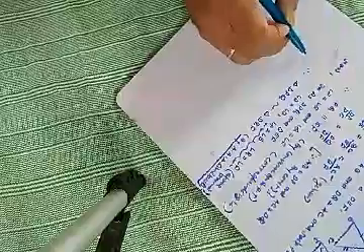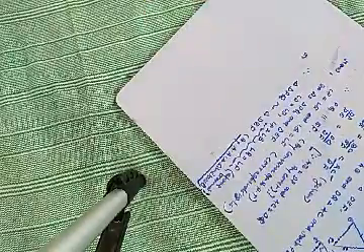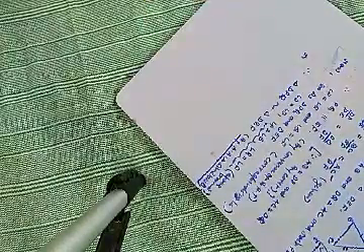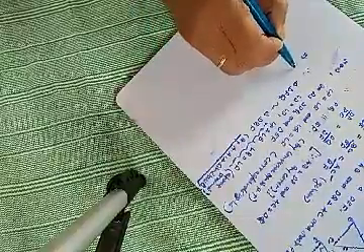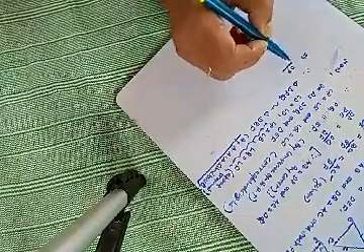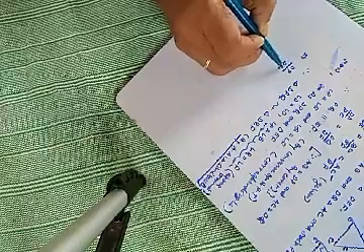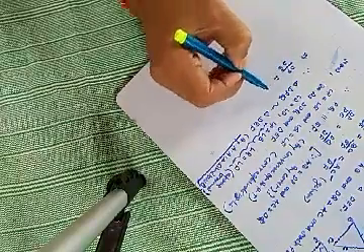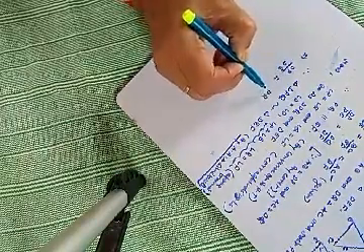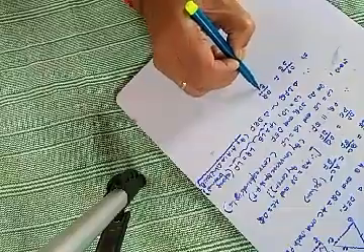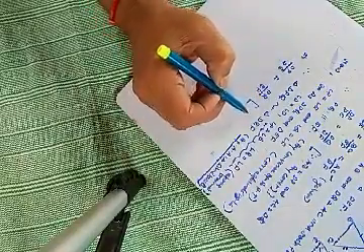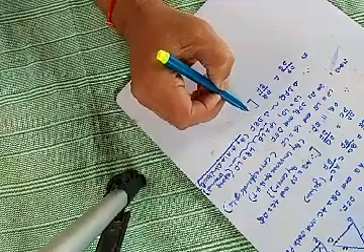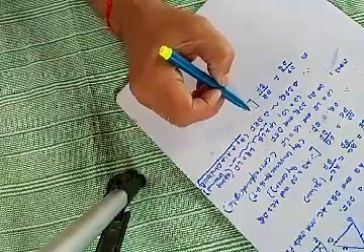Now, if two triangles are similar, then corresponding sides are proportional. So DP upon DE is equal to PQ upon EF.